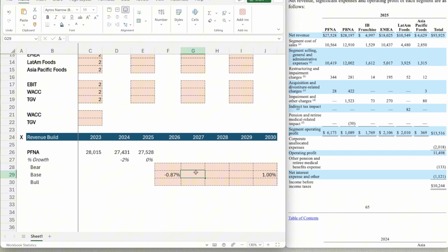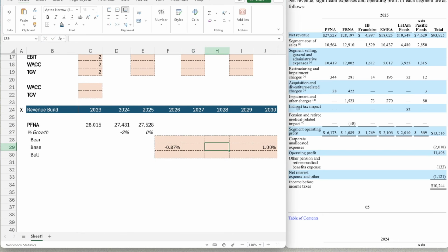Now, to work out what is going to go here, we say equals, you take the previous year minus, open your brackets, your previous year minus your final year, close brackets, divided by your final year minus the next year from now, and close brackets. Then we need to lock in a few of these.